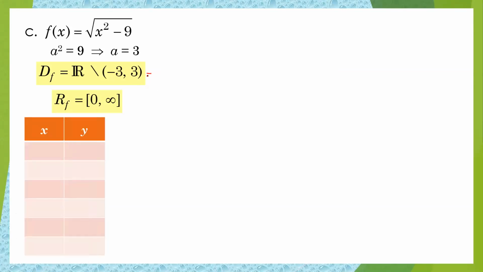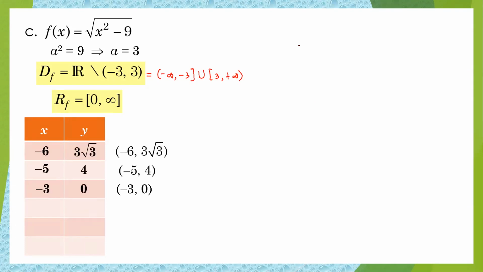It is equivalent to negative infinity to negative 3, including 3, union with 3 to positive infinity. So set of real numbers minus the set between negative 3 to 3, okay? Set of x between negative 3 and 3 that is to be removed from the set of real numbers.